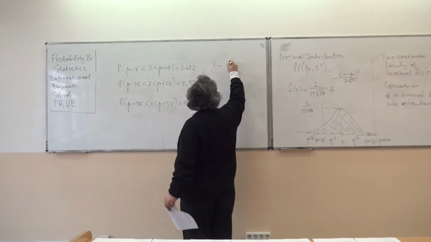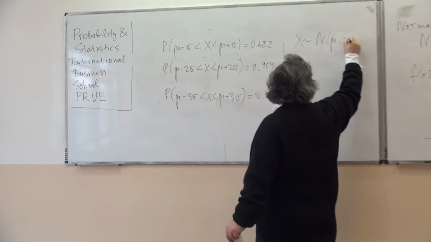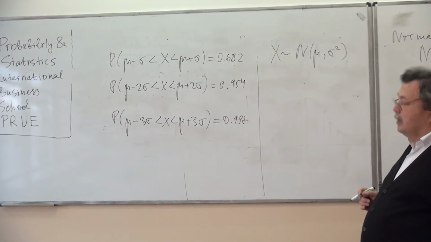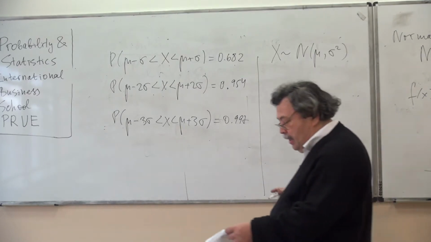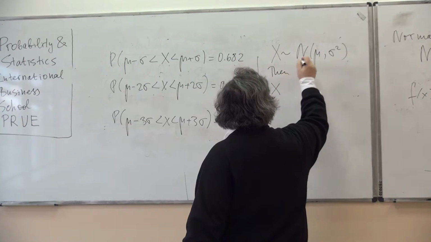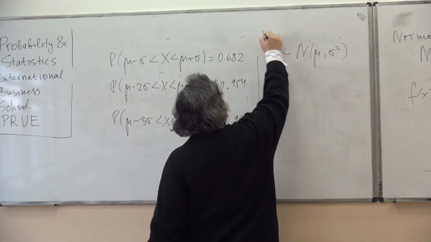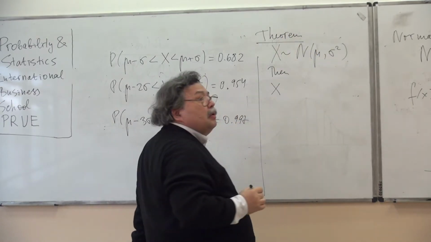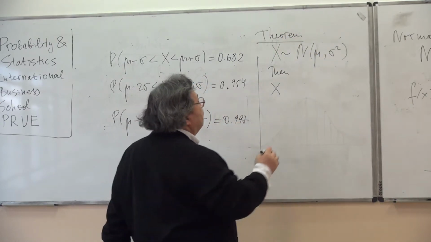So suppose x is normal with mean mu and variance sigma squared. Actually, this statement deserves to be called a theorem. It's important.